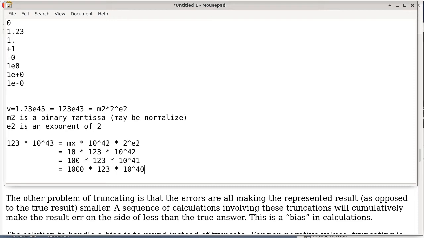So we will run up to a limit at some point. I know this is fictional, but let's say 1, 2, 3, 4 times 10 to the power of 39 is where we have to stop.